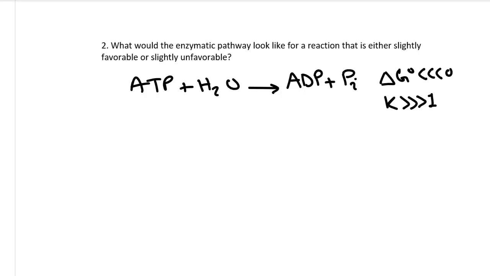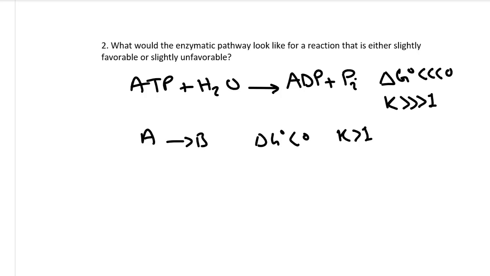But there are many reactions where, for example, A goes to B, where the delta G standard might be a little bit less than 0 and K is slightly larger than 1. Like the one that we talked about previously, our example of Y goes to X, where delta G standard was negative 5.9 kilojoules per mole and the K was 10. For those types of reactions, slightly favorable or slightly unfavorable, when we're looking at the enzymatic pathway, we have to put in something else.